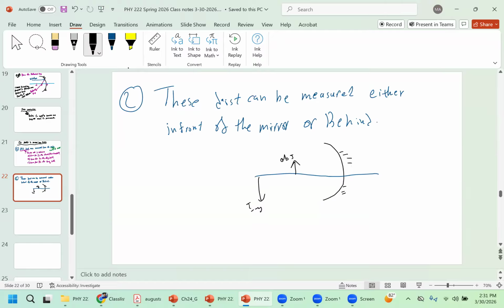So basically, you got a distance over here to the pole. This distance is the distance of the object. And from here to here is the distance of the image. Let's say my focus is over here, which is going to be your F for your focal length.